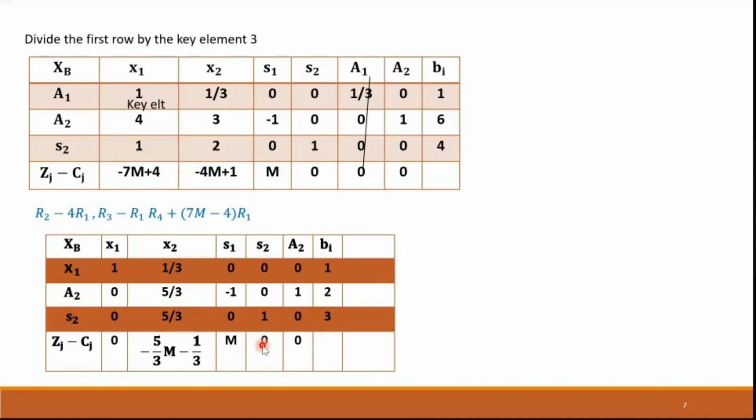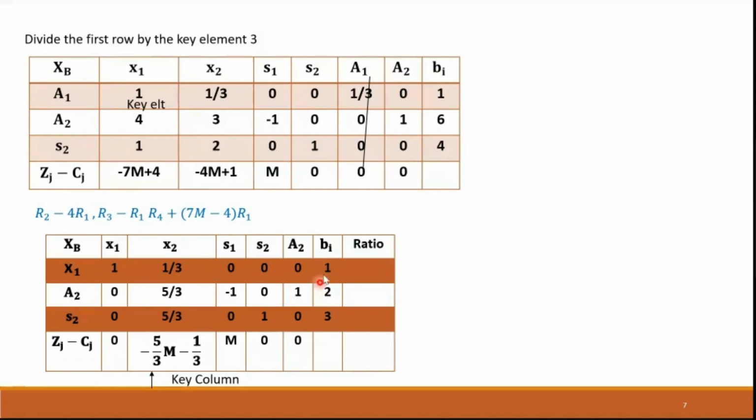So now we have only one negative number in Zj minus Cj. So the second column will become the key column. Ratios are taken only for the positive numbers in the key column. So divide this 1 upon 1/3. How much will it be? 1 upon 1/3.